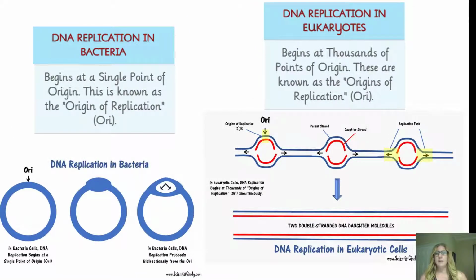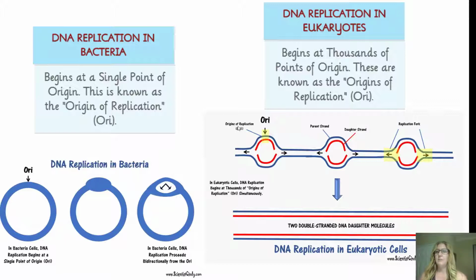Okay, so let's look at what we call the origin of replication, or the ORIs. When we look at DNA replication in bacteria cells, we see that the ORI is at one single point, and then it is going to go out in two different directions, and then it will continue around that circle until replication is complete.